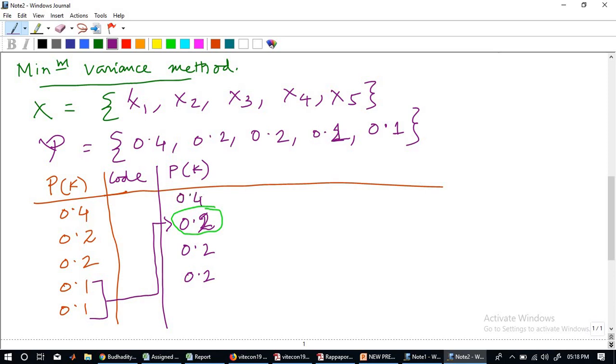Clear with this first step? The same process will be followed until each probability column has only one element. Right? So, again, we'll write this. We'll have a code here. We'll keep it blank. Can you tell me the orientation of the third segment?